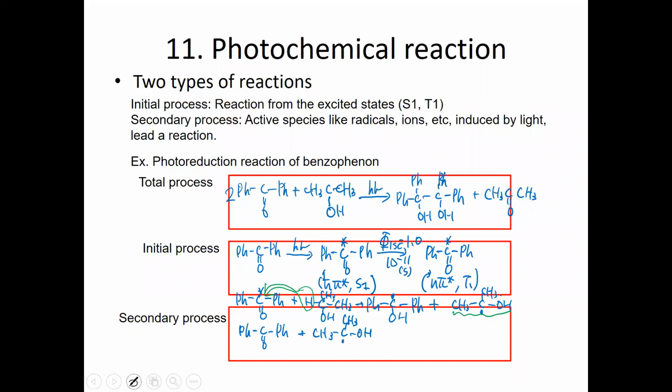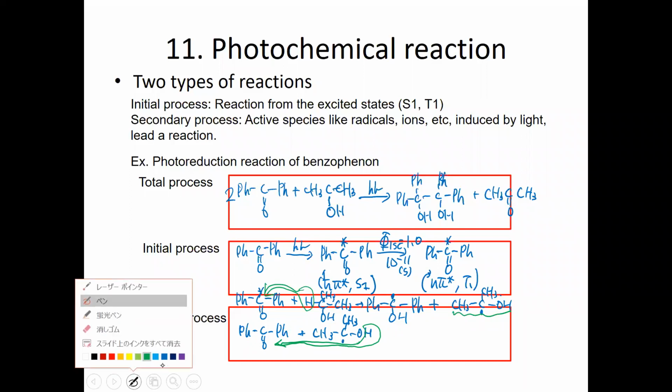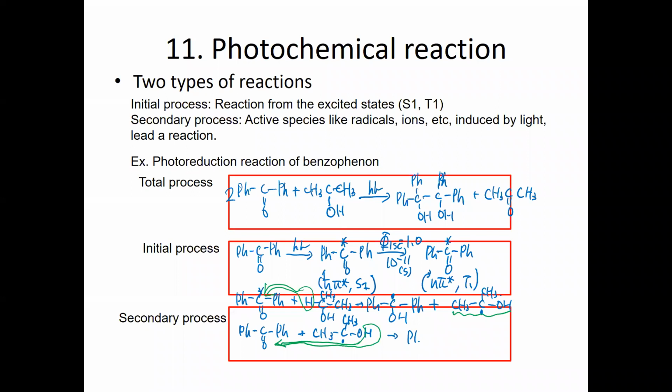Since this one has a very strong reducing ability, it gives this hydrogen species, which makes another radical species from the benzophenone, and then the propyl radical is changed into acetone, right?